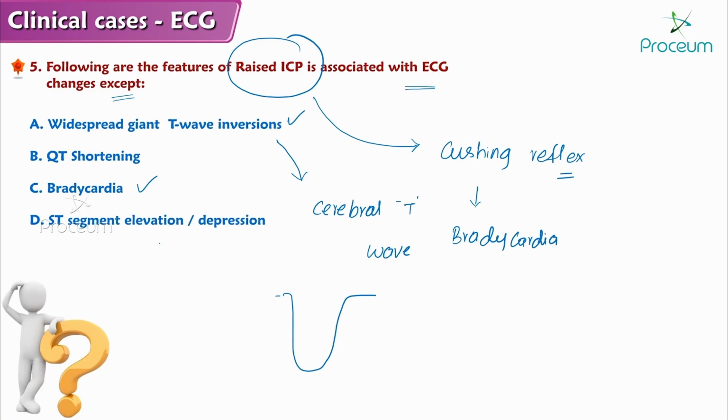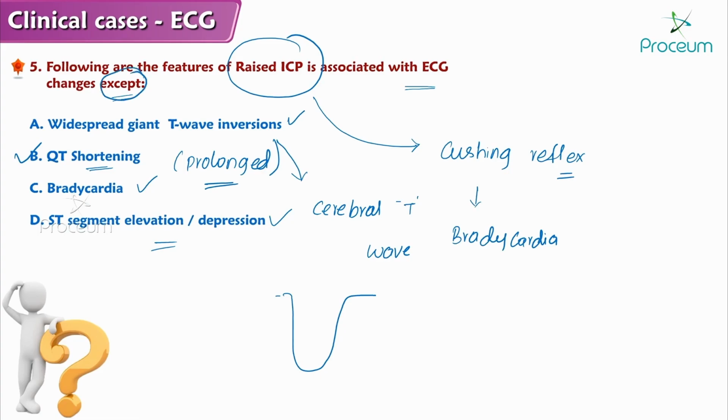And next, there can be ST segment elevation or ST segment depression. But what about the QT interval? The QT interval is not shortened. The QT interval will be prolonged in patients with raised intracranial pressure. It is not QT interval shortening. So the question asked is the except.